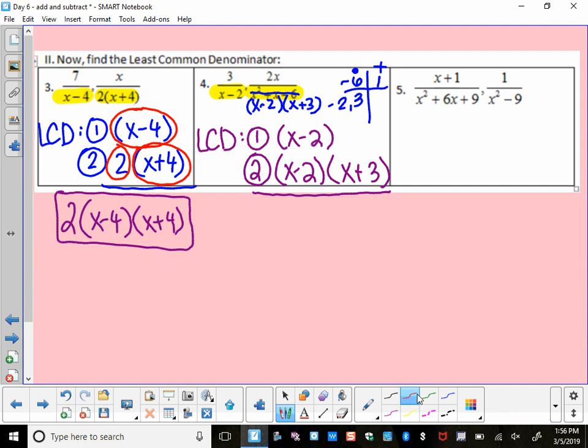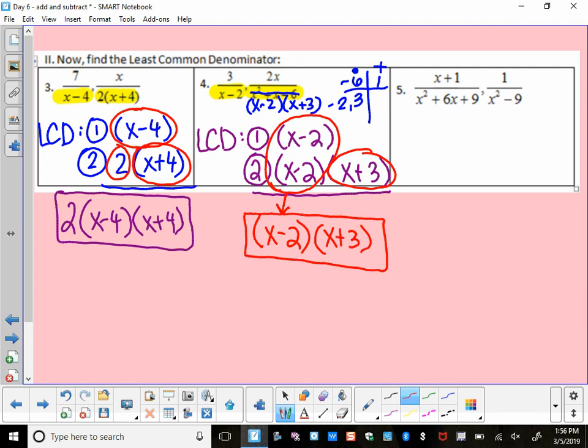The x minus 2 is in common, so I'm going to bring that straight down to be x minus 2. Anything that stands alone just comes by itself. So, it's x plus 3. I'm going to put it in my answer as well. That is a part of my LCD. I can't just leave it because it's by itself. Put it in your answer.